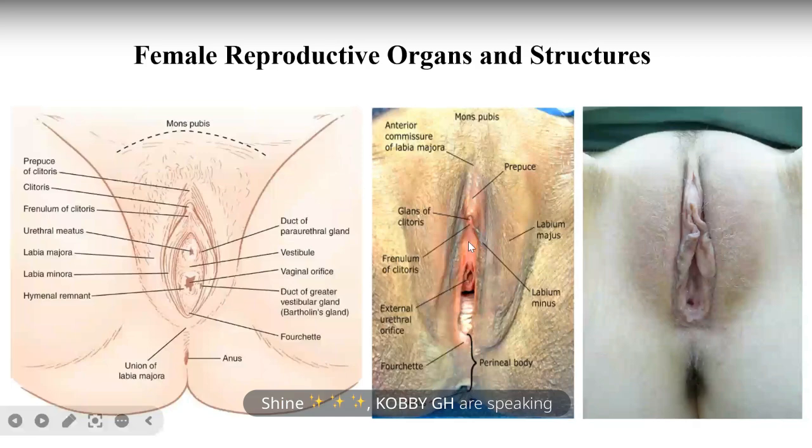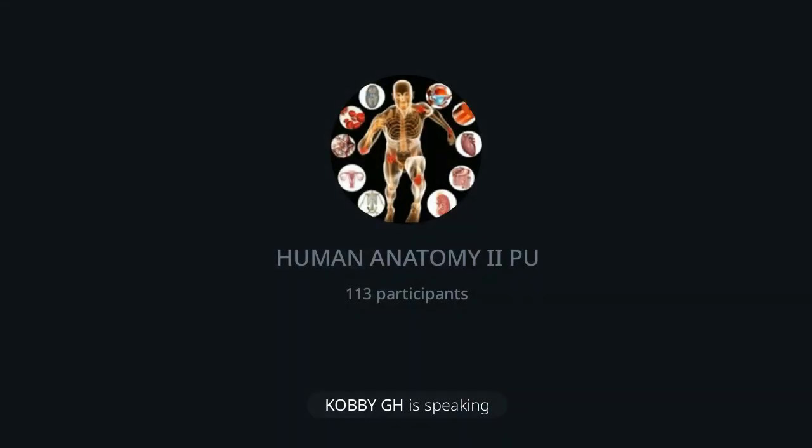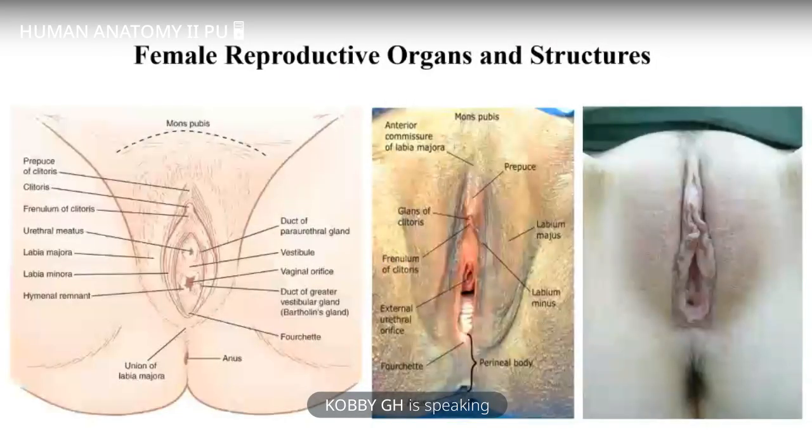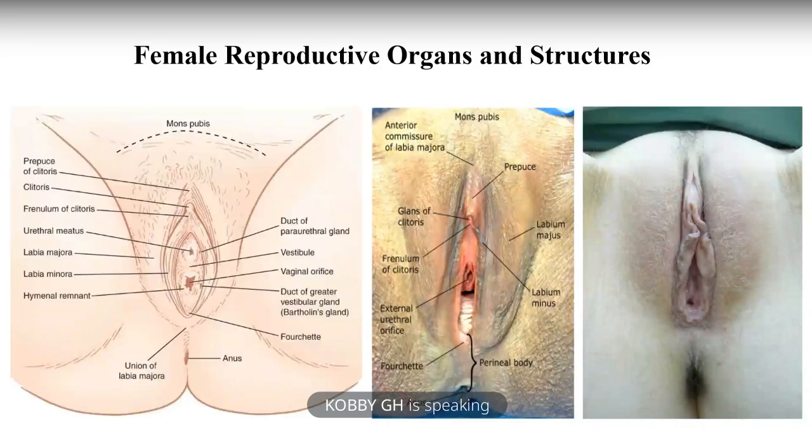Then the lower part of the clitoris, we call it the frenulum of the clitoris. Say frenulum of the clitoris.